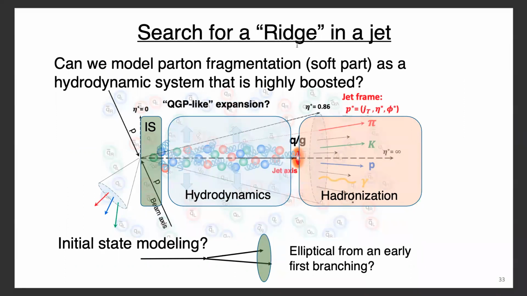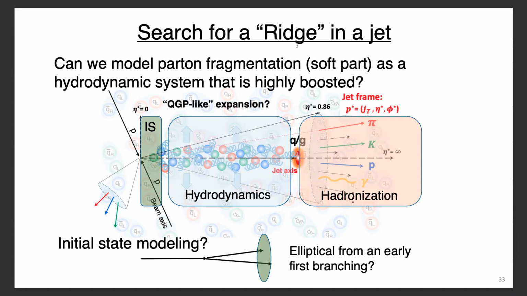Maybe you can use the total multiplicity produced by the jet as a constraint to define some kind of energy density profile of the jets, or the number of particles constrains the entropy of the initial stage.